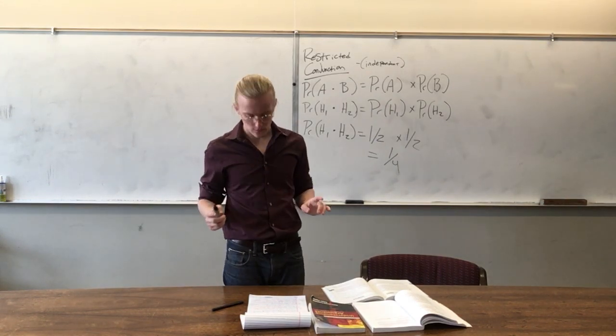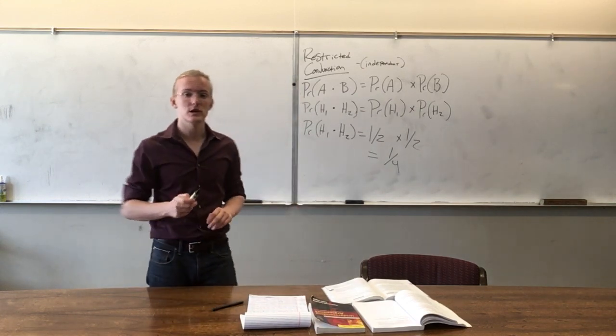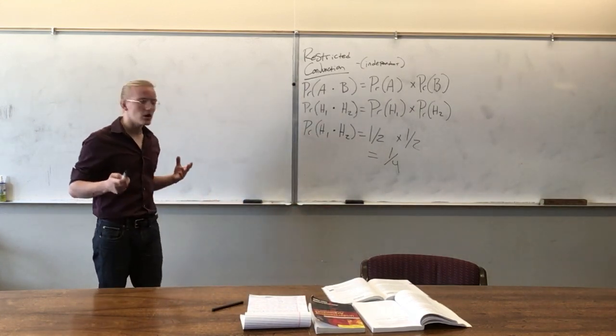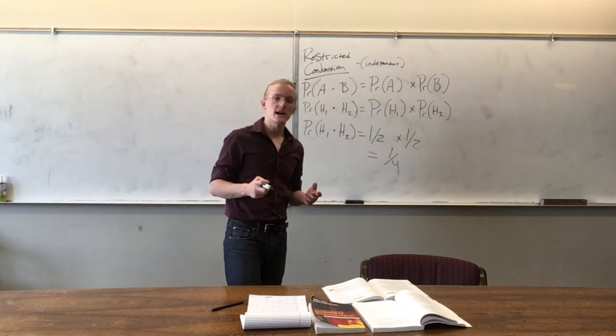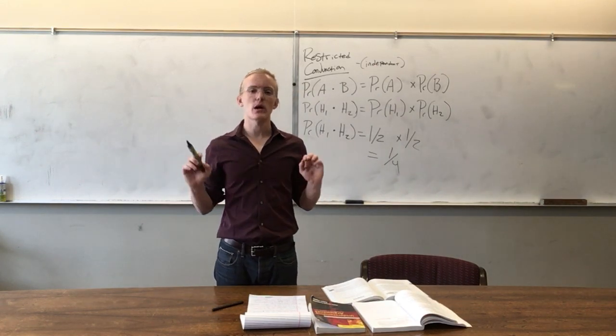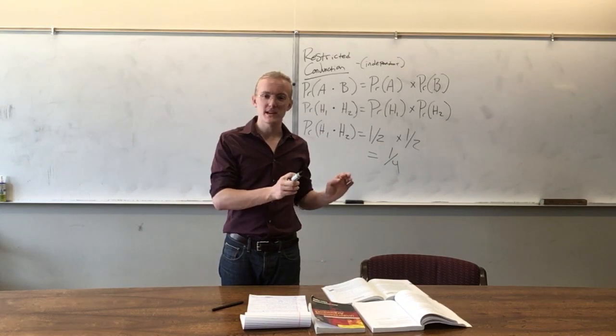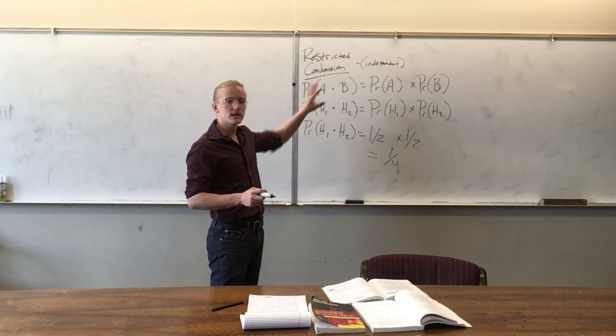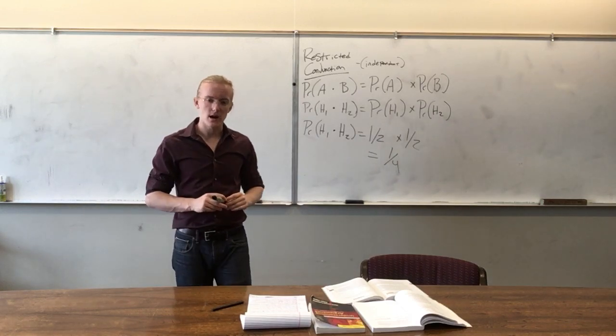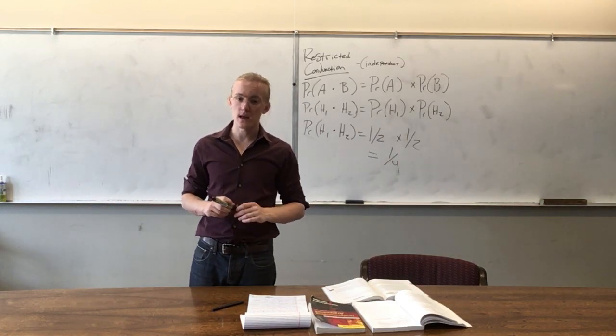And so we need a different rule, and we call this the general conjunction rule. The reason we call it general is because the general conjunction rule will apply to any conjunction of probabilities, whether independent or dependent, whereas the restricted conjunction rule only applies to independent outcomes when conjoined together.